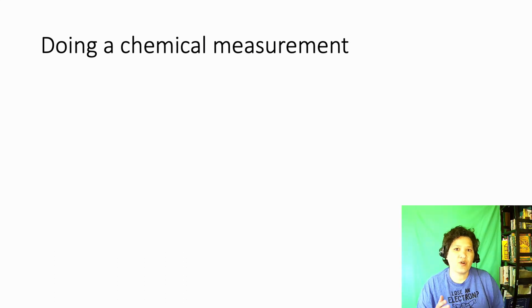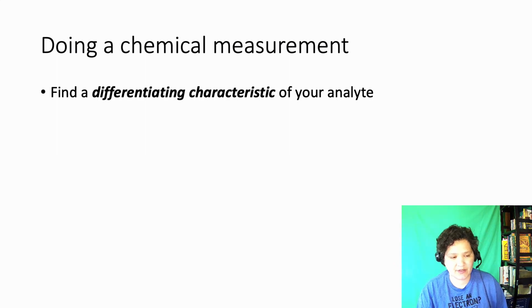So when you are doing a chemical measurement, in very vague terms, here is what you are doing. The first thing is you're looking for something that you call a differentiating characteristic. In other words, for the particular analyte that you're trying to measure, what is something that makes it react differently than everything else in your mixture of stuff?